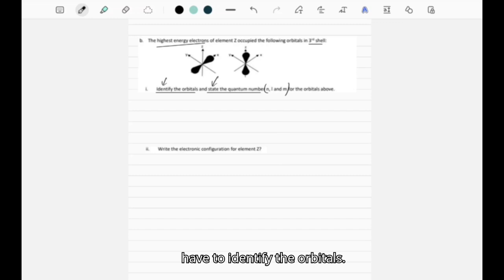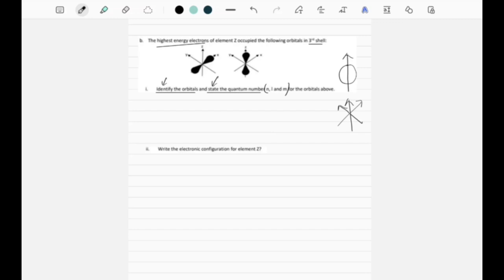First, we have to identify the orbitals. We know that the s orbital has a spherical shape, p has a dumbbell shape, and d has a clover shape, which is like two dumbbells.